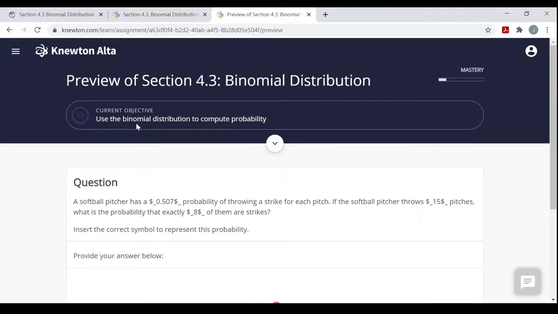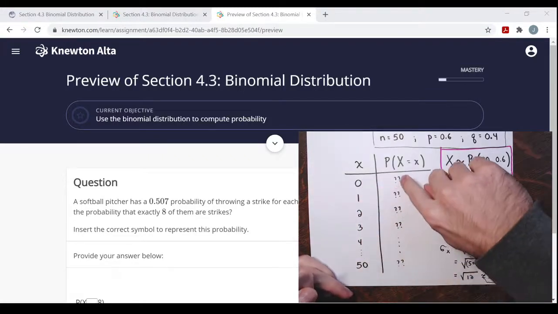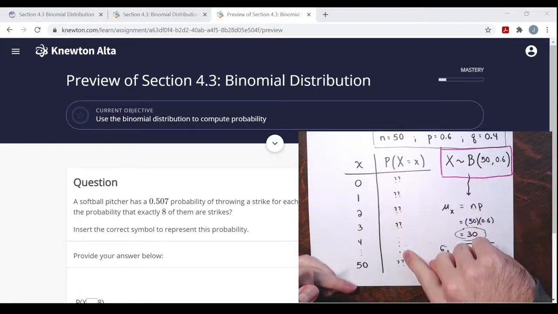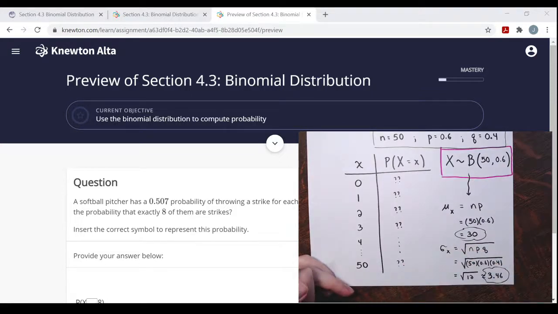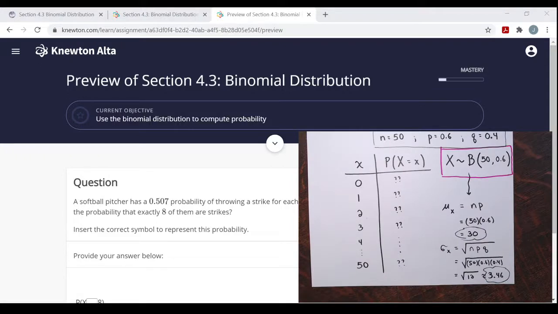So next, now we're going to compute those probabilities I mentioned. Remember when I pull this page up again, remember this part here when I was filling in this chart? And I was like, hey, I don't know how to find these probabilities. That's what this objective is about. Figuring out the probability of getting so many successes in your n independent trials.